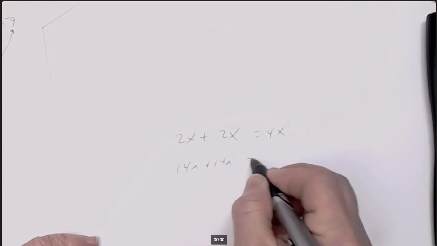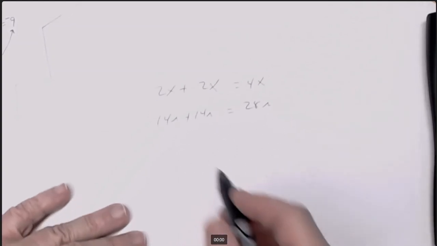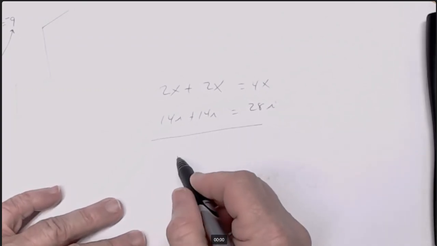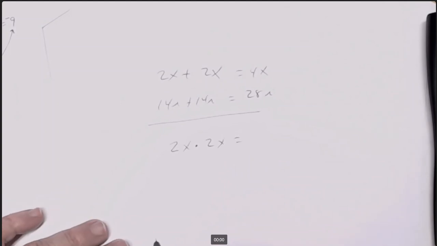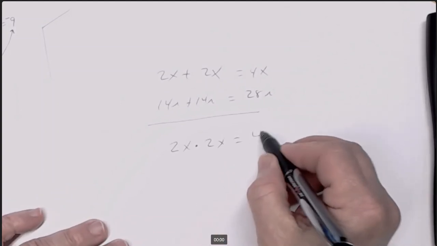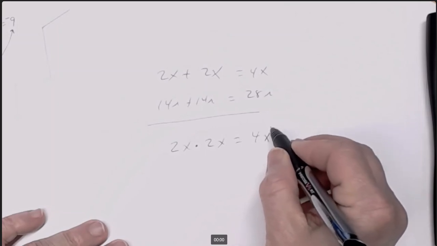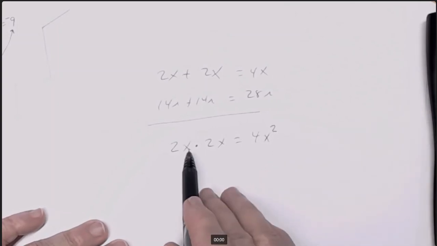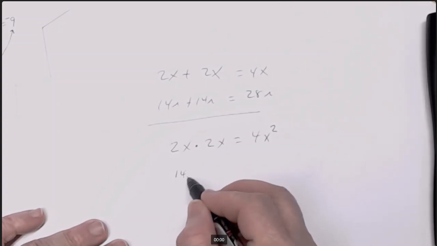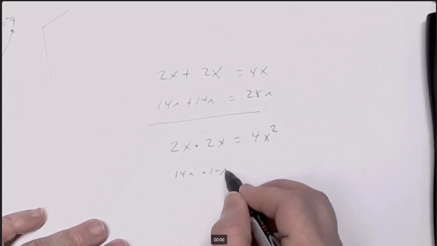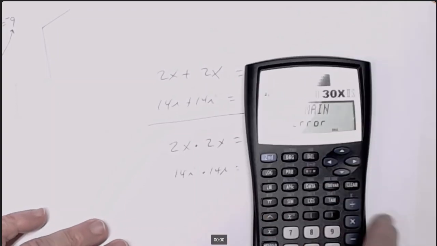If I had 2x times 2x, what's 2x times 2x? Be careful, not 4x. It's 4x squared, because you're multiplying x times x. So if I have 14i times 14i, 14 times 14 is 196, so that would be 196i squared.